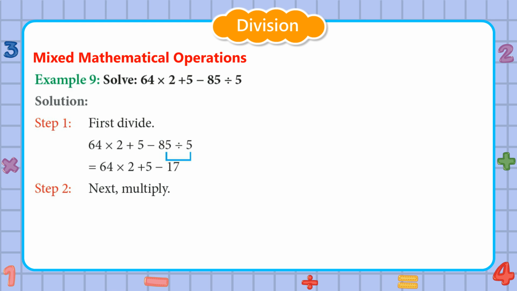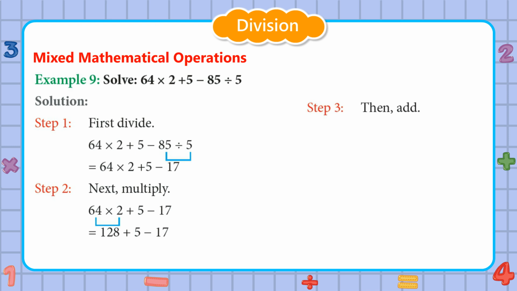Step 2. Next, multiply. 64 multiply 2 plus 5 minus 17 is equal to 128 plus 5 minus 17.